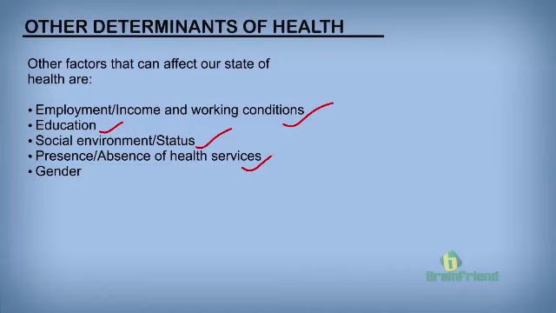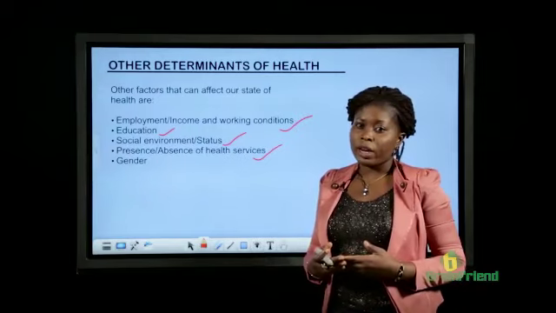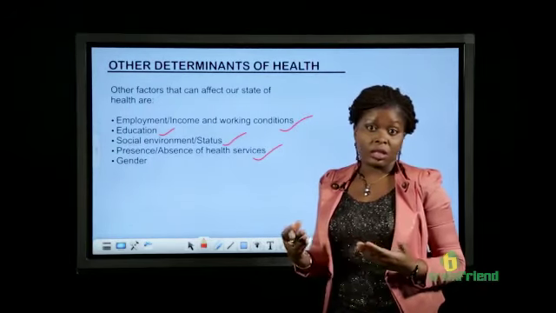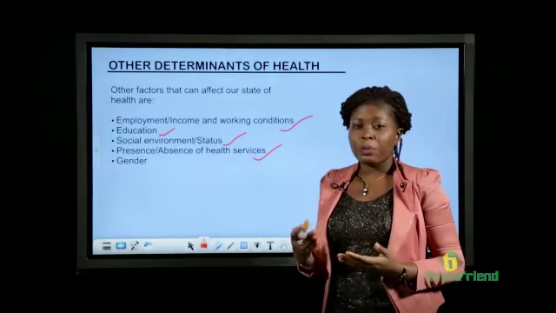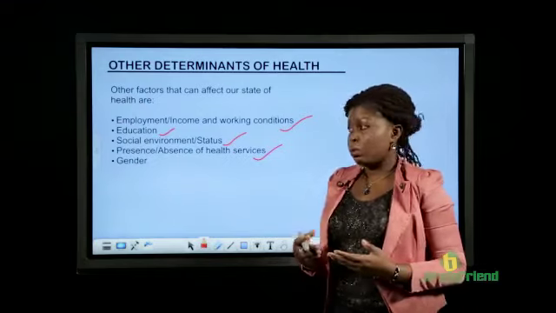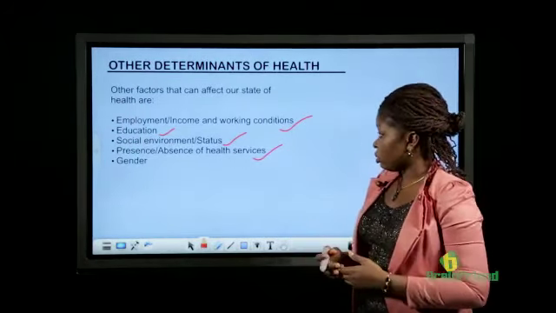Presence or absence of health services. People who are in environments where health services are readily available to them tend to lead healthier lives, while people who lack health services will definitely come down with health conditions.